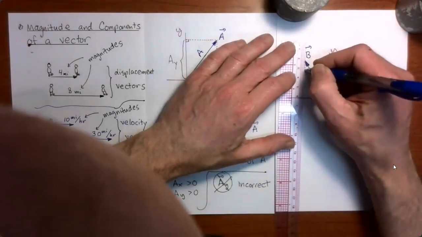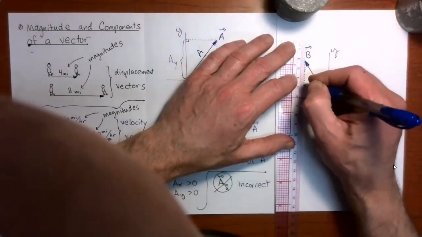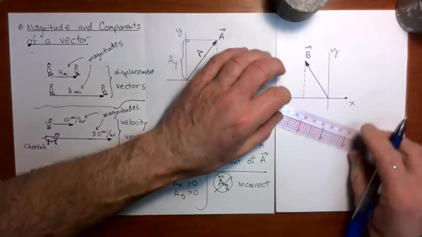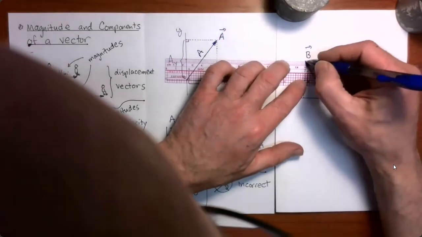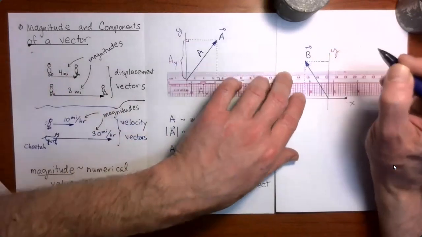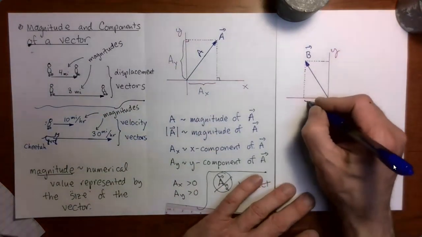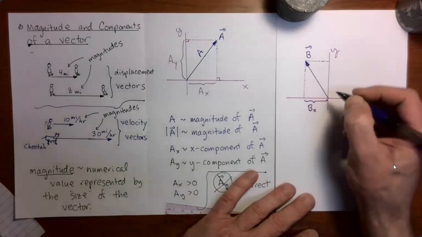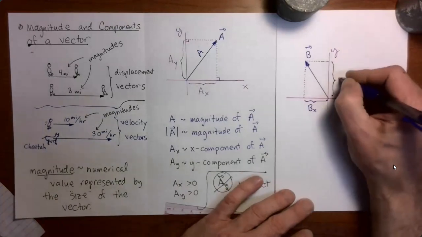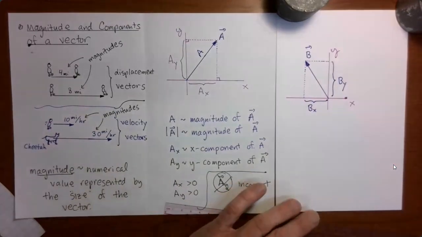In this instance, I'm going to project the vector onto the axes like I did before. And in doing so, I form the x component of vector B and the y component of vector B.